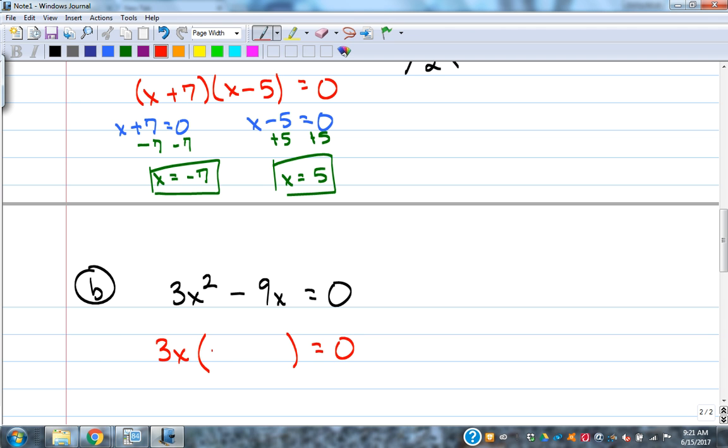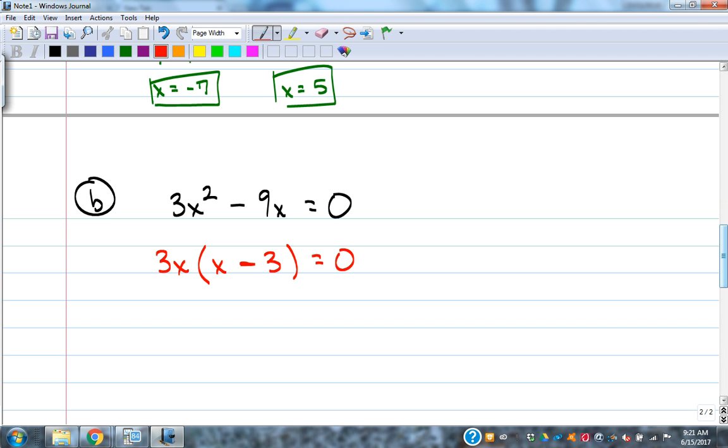Well, 3x times x gives me 3x squared. 3x times negative 3 would give me a minus 9x. So there would be the factored form. And I'm ready to solve it now. The 3x in the front is a factor, and x minus 3 is a factor. So I say 3x equals 0, x minus 3 equals 0.